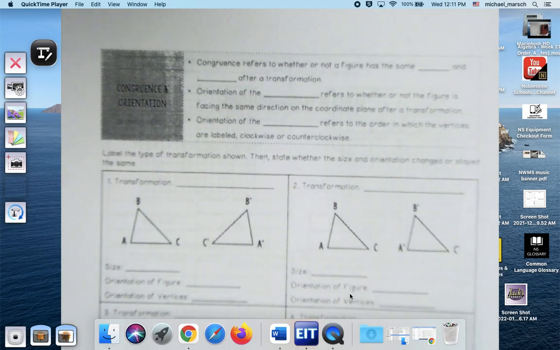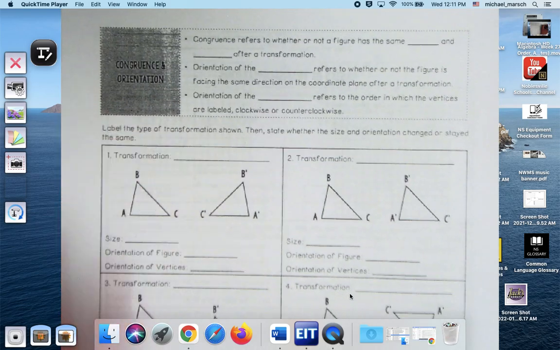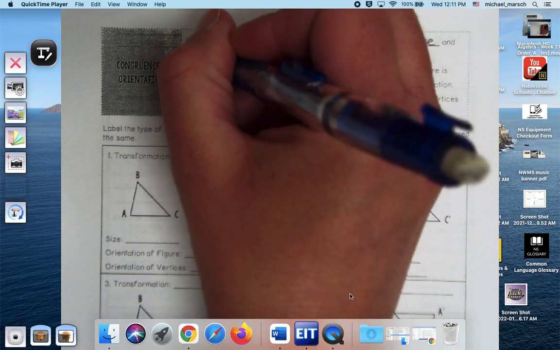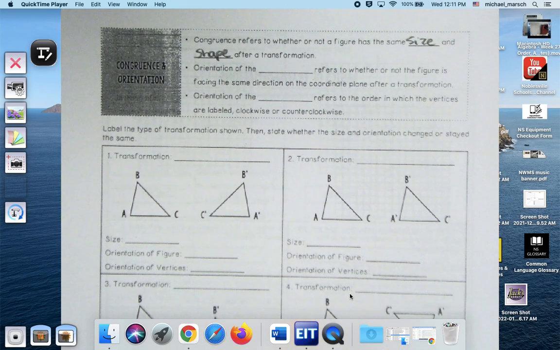Okay, let's move on to the next page. Congruence refers to whether or not the figure has the same size and shape after a transformation.